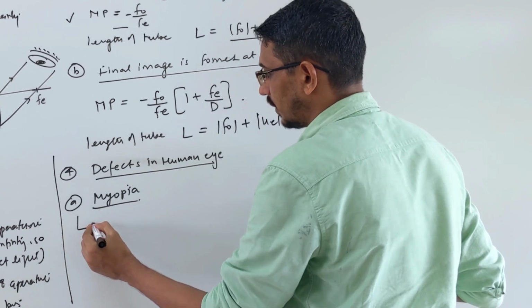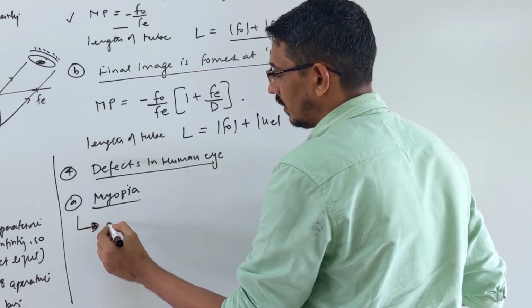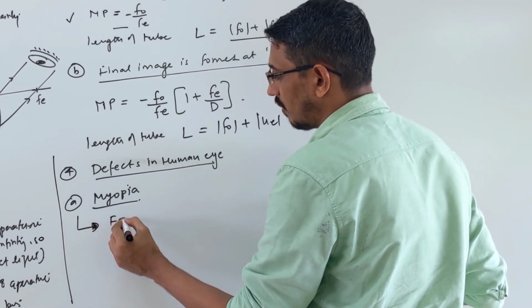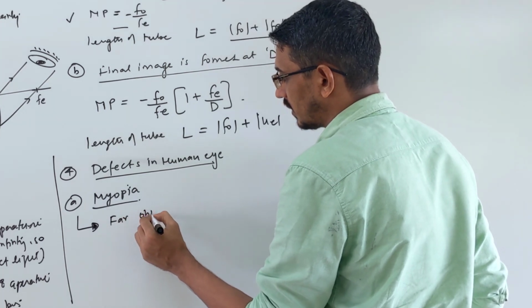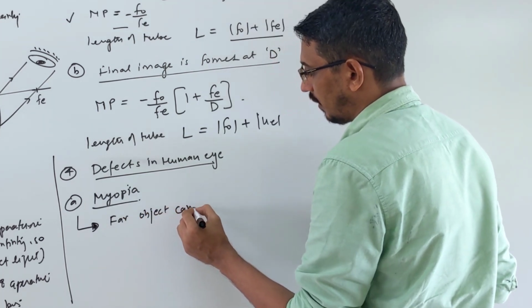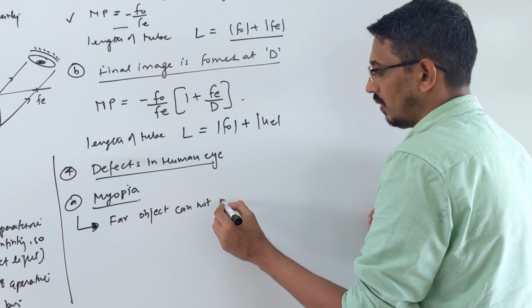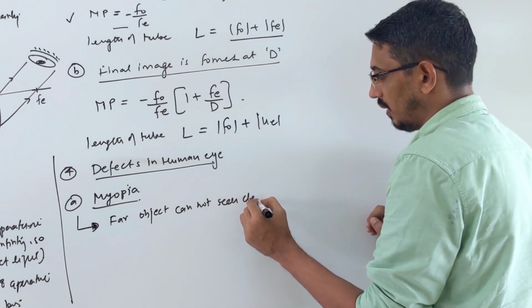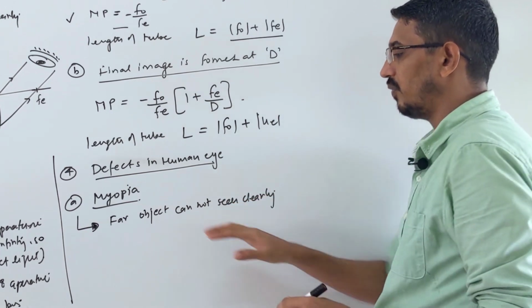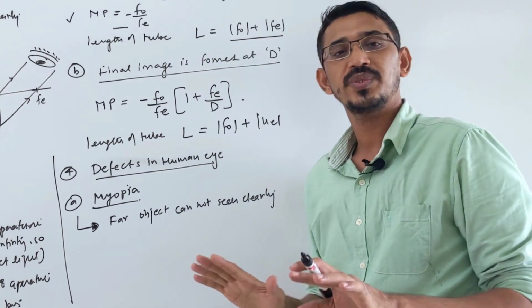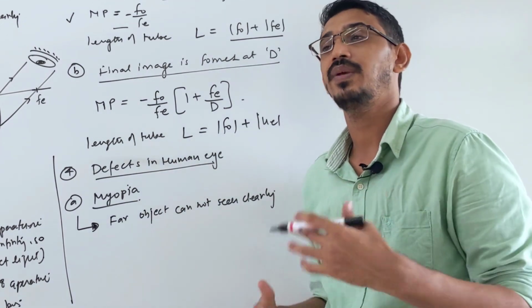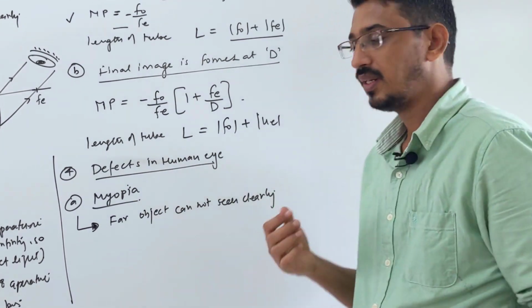Let's write words so you understand better. In this defect, far objects cannot be seen clearly. So the defect is that we cannot see far objects clearly. Now why can't we see them clearly? Because of this.